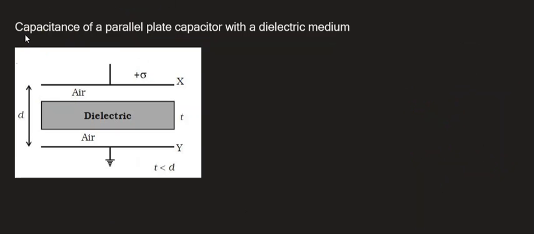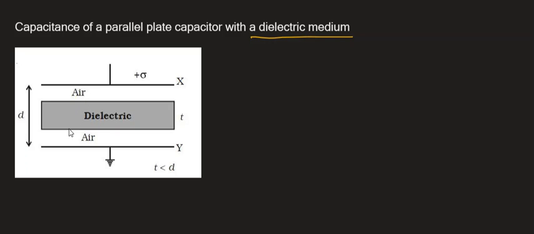Now let us discuss the capacitance of a parallel plate capacitor with a dielectric medium. We are interested to find out what will happen if a dielectric slab is introduced, a thin layer of oil, we can say, a dielectric insulating material.